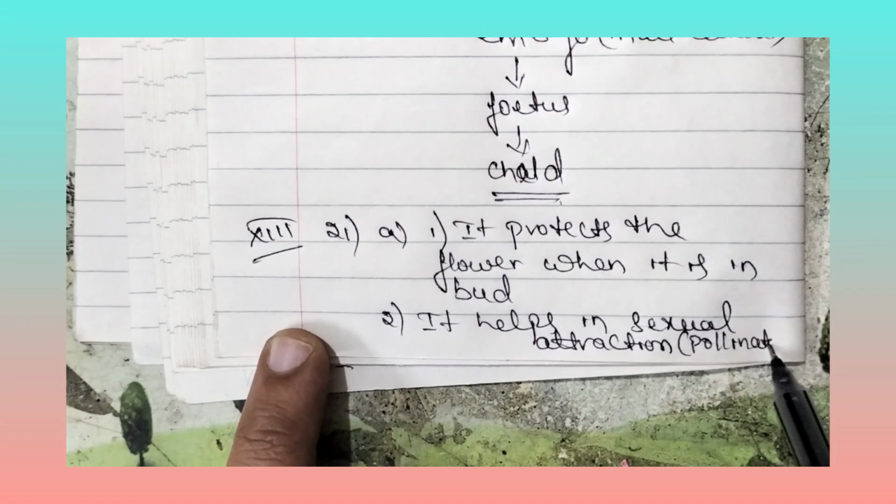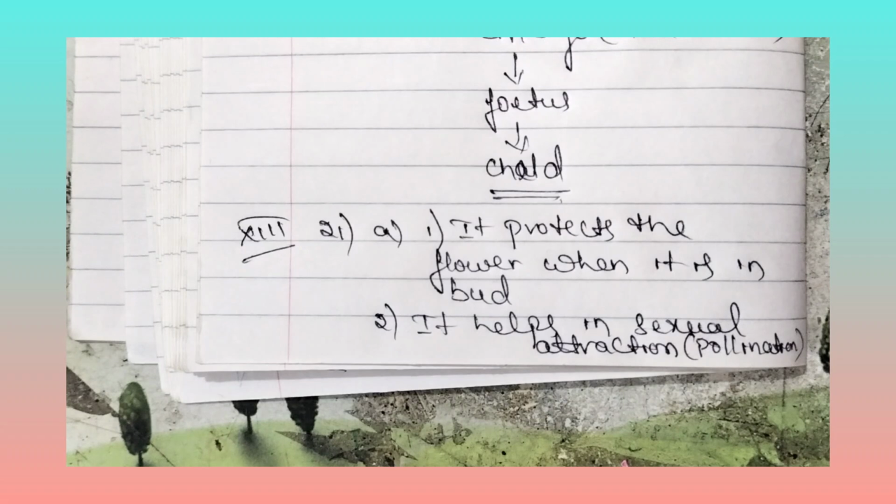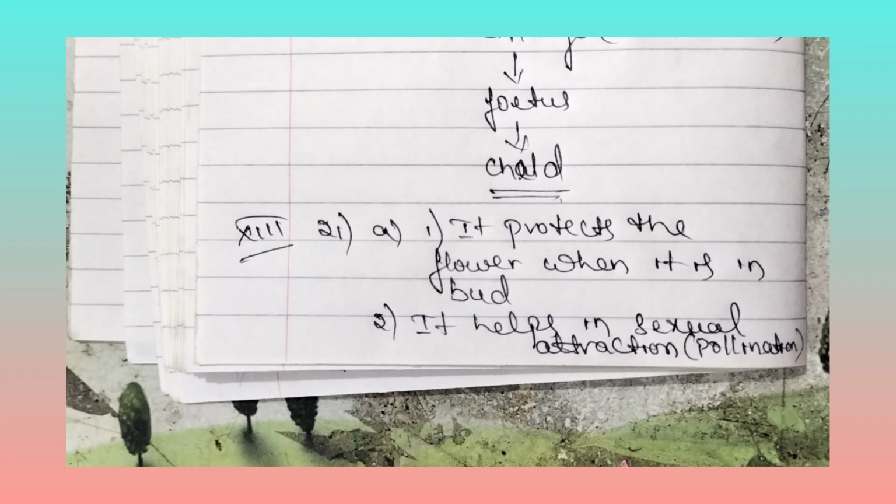Due to different colors of petals, the insects and the birds are attracted towards the flower, and when they come, they undergo pollination, and pollination leads to fertilization, fertilization leads to seed formation, and like this the reproduction will take place. So these are the things that you have to learn, you have to answer in practice paper number 22.